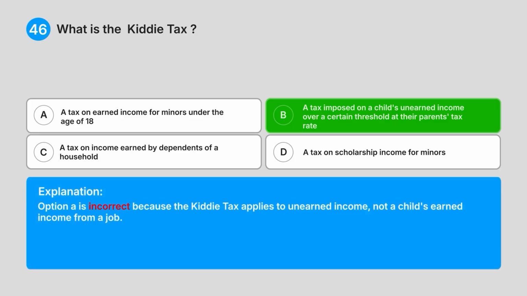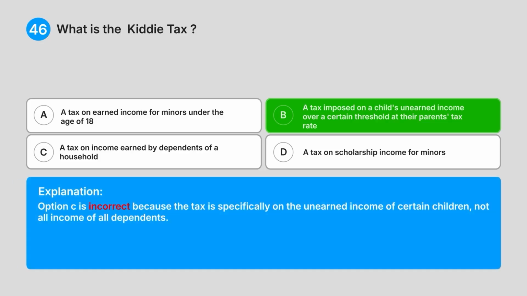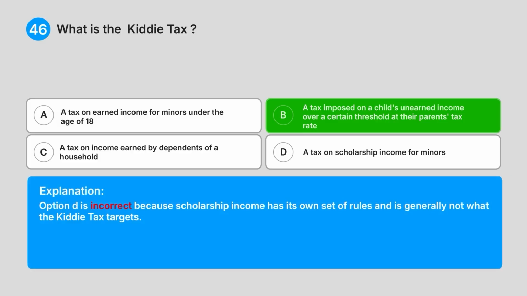Option A is incorrect because the kiddie tax applies to unearned income, not a child's earned income from a job. Option C is incorrect because the tax is specifically on the unearned income of certain children, not all income of all dependents. Option D is incorrect because scholarship income has its own set of rules and is generally not what the kiddie tax targets.